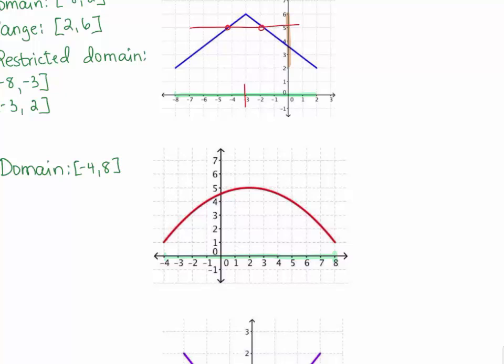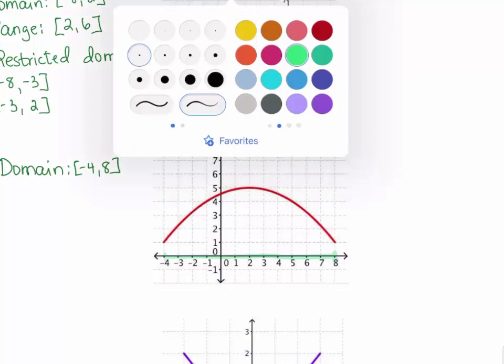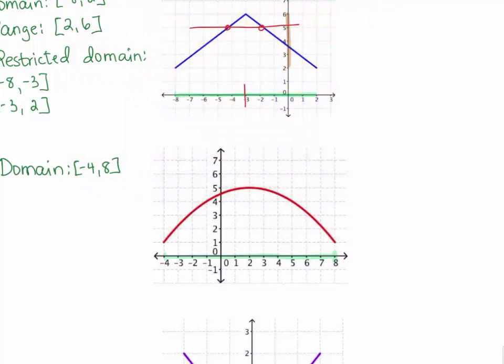What about range? Range goes from +1 to +5, right? How low and how high does the graph of the function go? So that's my range.